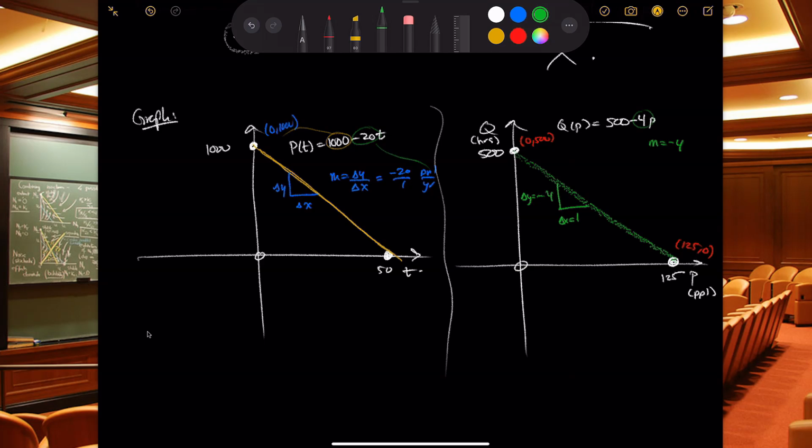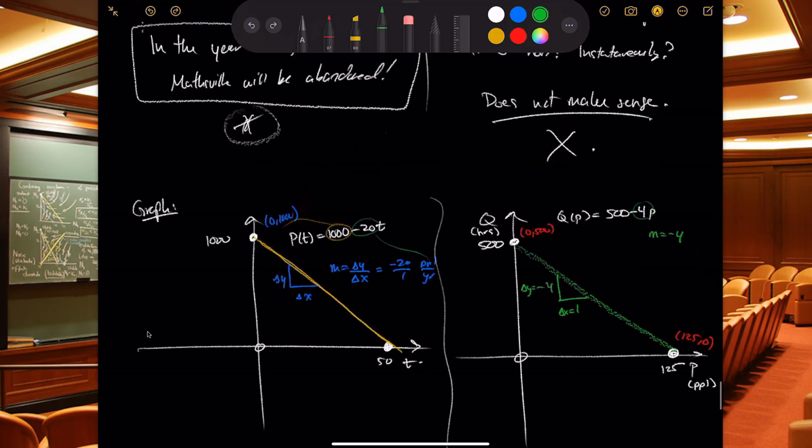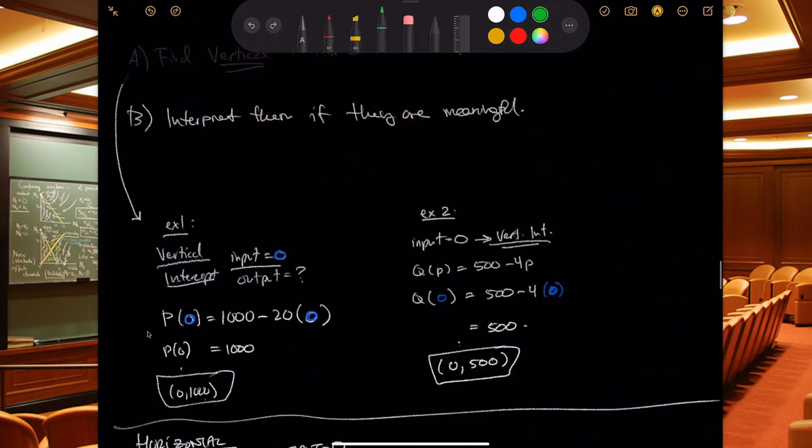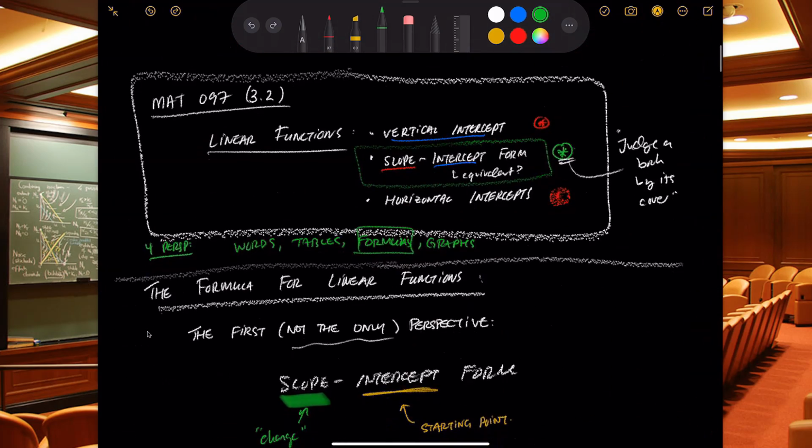Okay, so just to give you a few perspectives there, you could also go to a table to verify that over time you should have, for this first example over here, starting at 1,000, then 980, 960, 940, etc., as you keep going forward until 0. But the main points from today. What is the vertical intercept? What is the horizontal intercept?